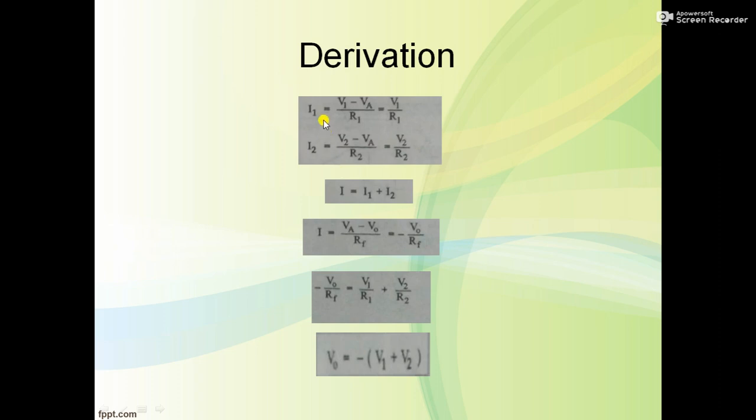So in the derivation part, now we are calculating the two current equations at the input side, V1 and V2 side. The current I1 is equal to (V1 minus VA) divided by R1.